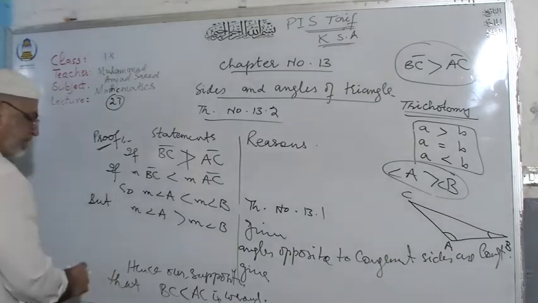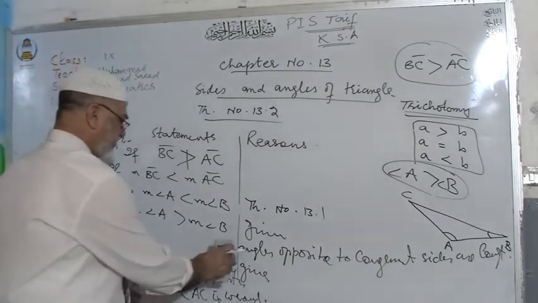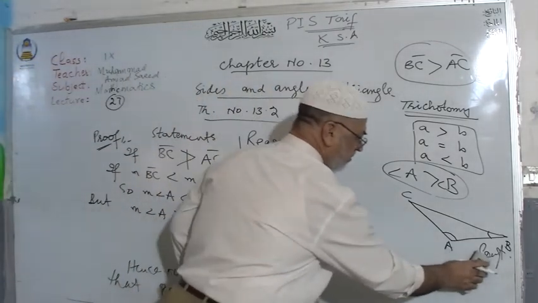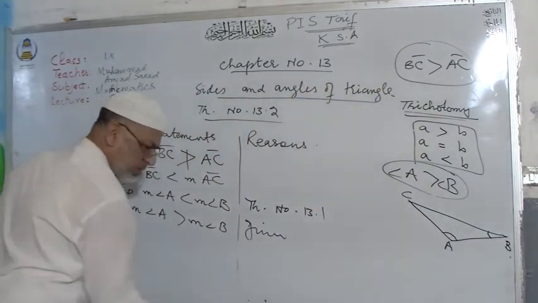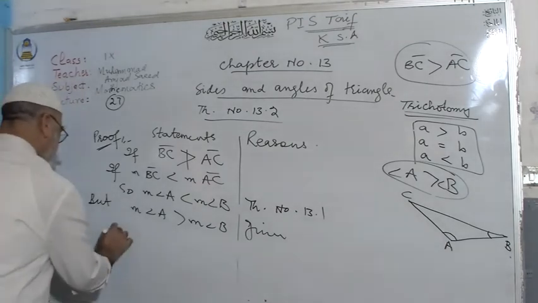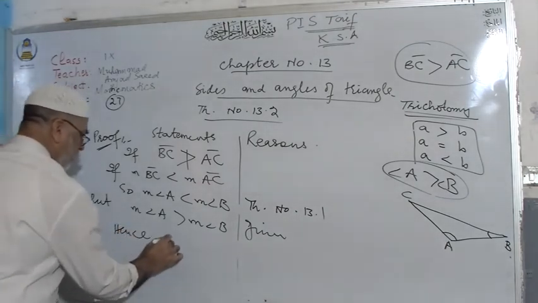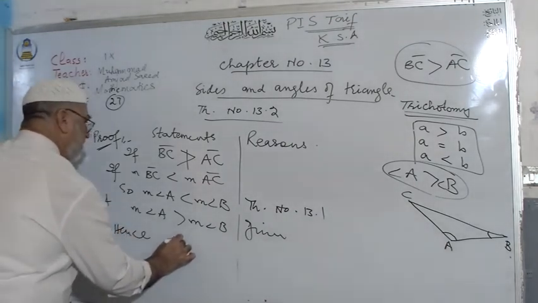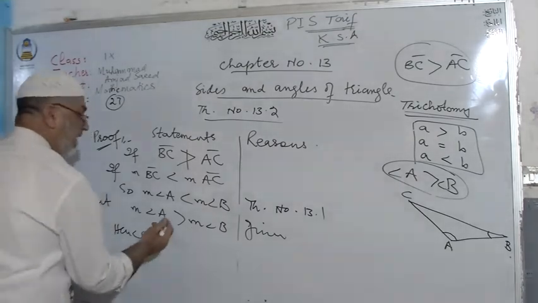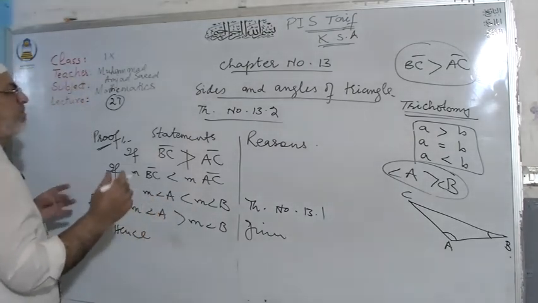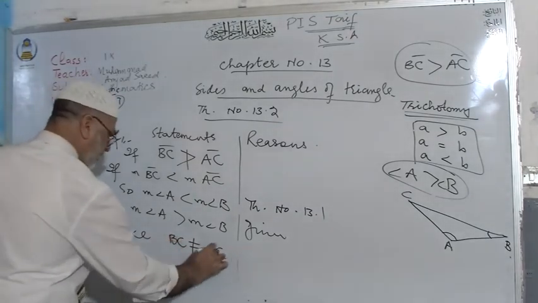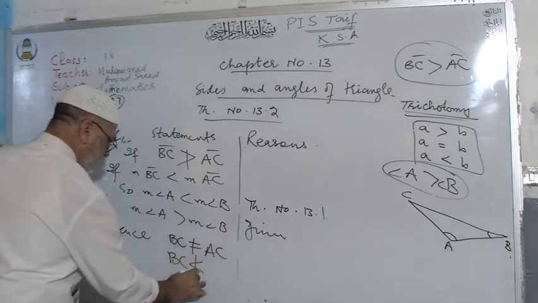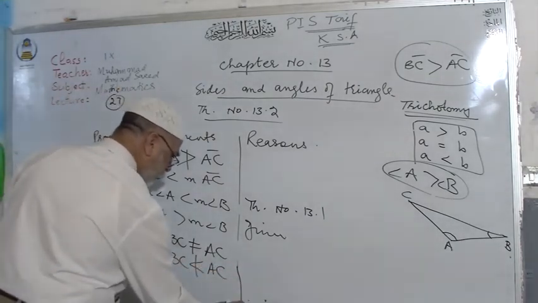Hence, we conclude BC is not equal to AC, BC is not less than AC.